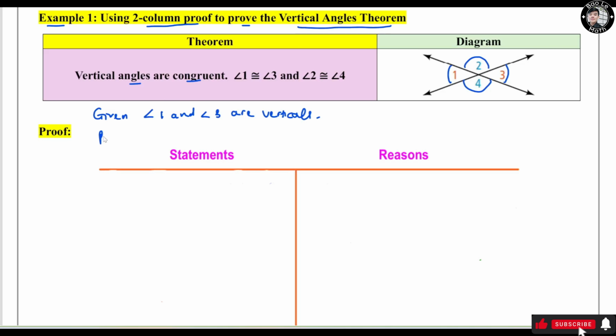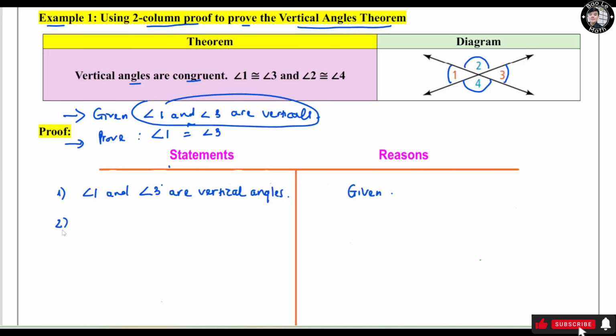We need to prove angle 1 is congruent to angle 3. Now, remember, in order to complete a proof, you always start with the given, and you end up with the proof statement. So I need to copy this one down over here.